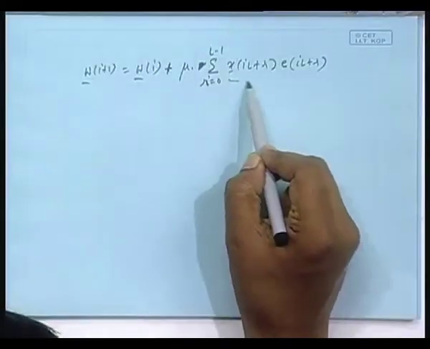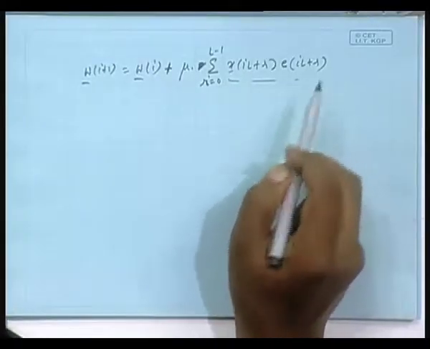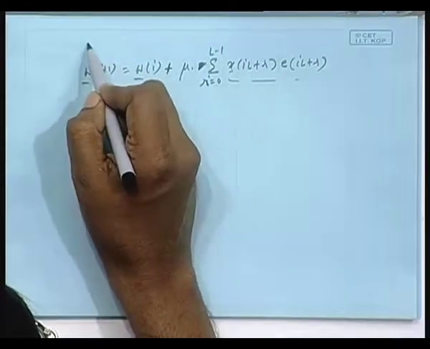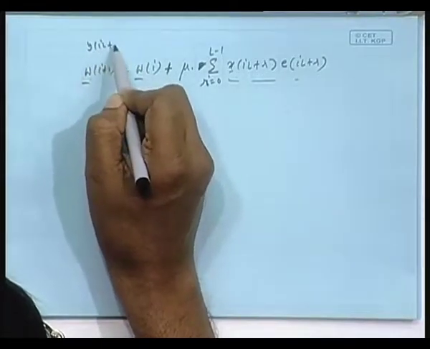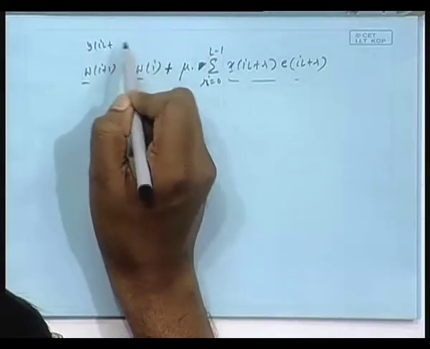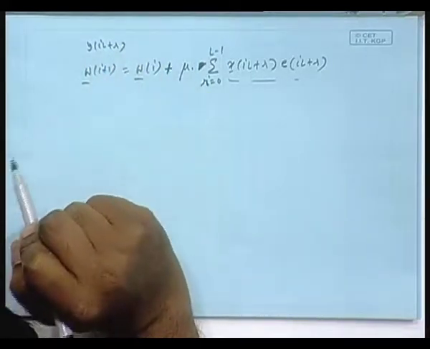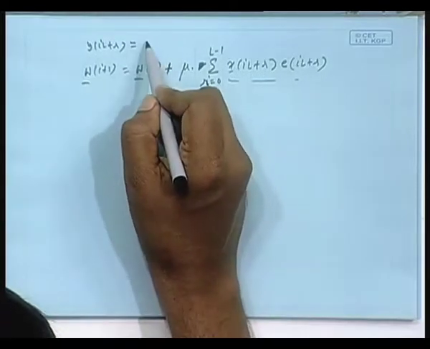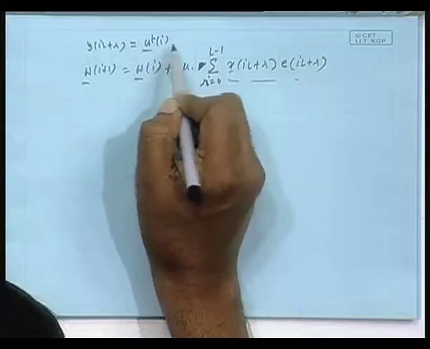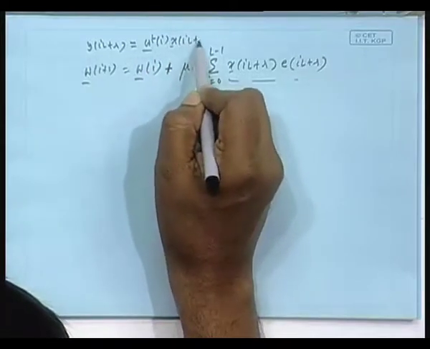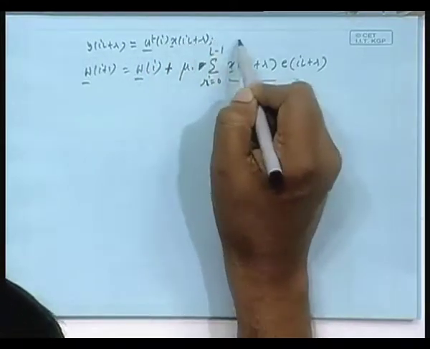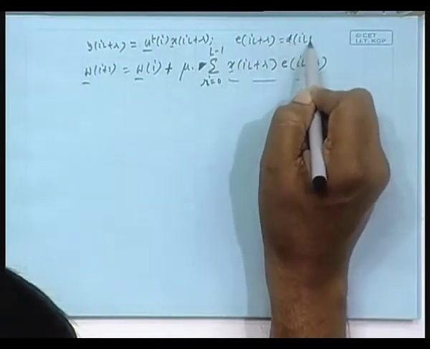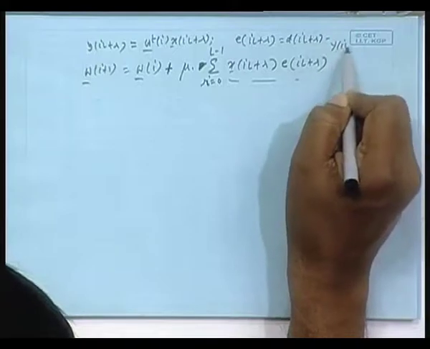Anyway, let us see how this can be done. Before that, remember one thing, yesterday there is a filtering part also. If I write the entire algorithm, y of I L plus R was W transpose I times x of I L plus R, and then you calculate E of I L plus R as d minus y of I L plus R, isn't it?